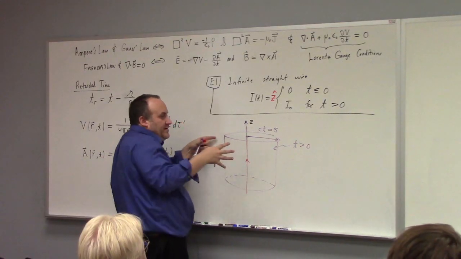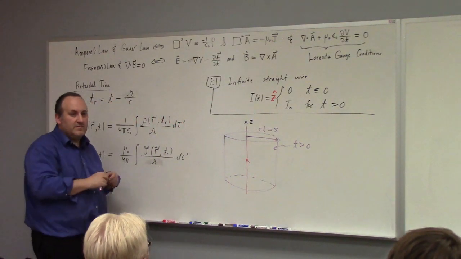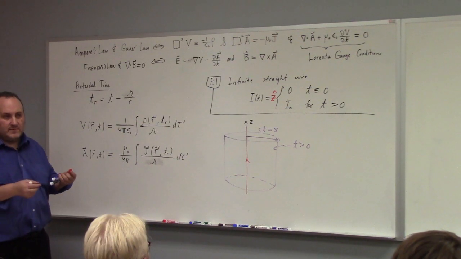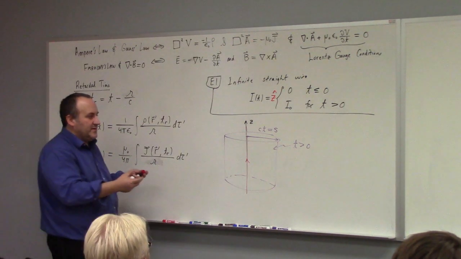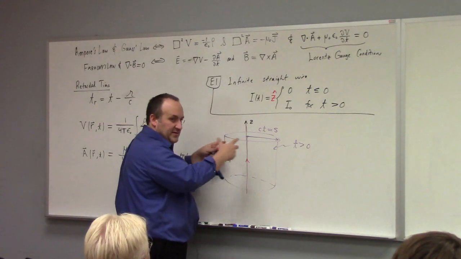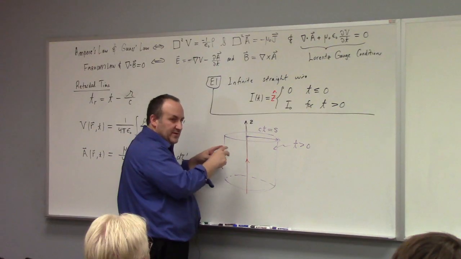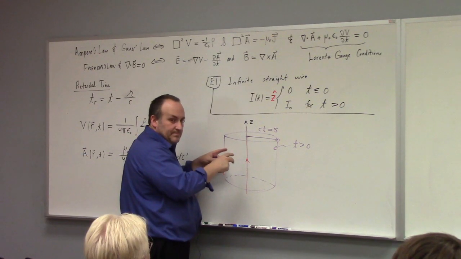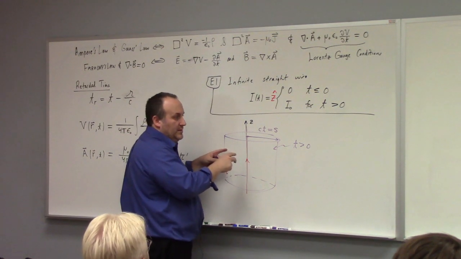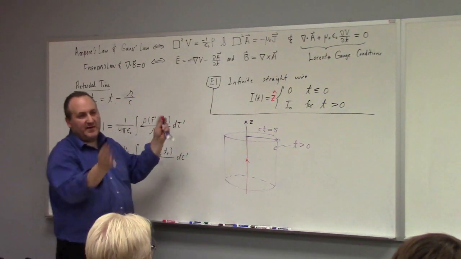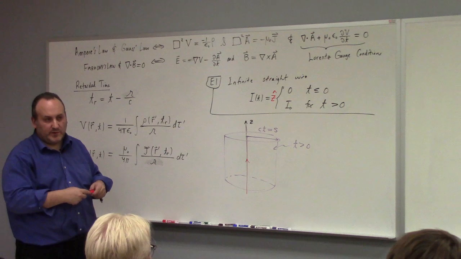There's a cylinder in which the news that the current started flowing should be seen. So it's only within this light-speed expanding cylinder that the electric and magnetic fields should be non-zero. That's the big picture of what we should discover as we work this example.